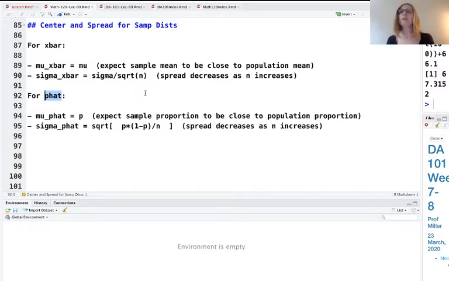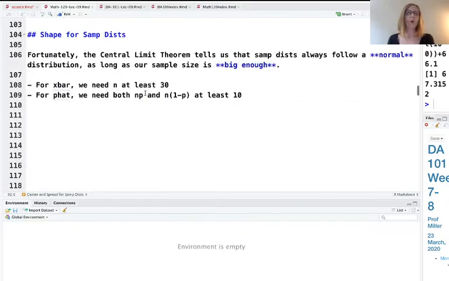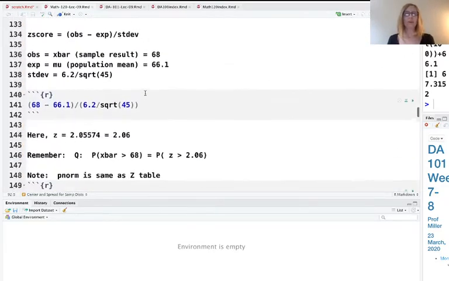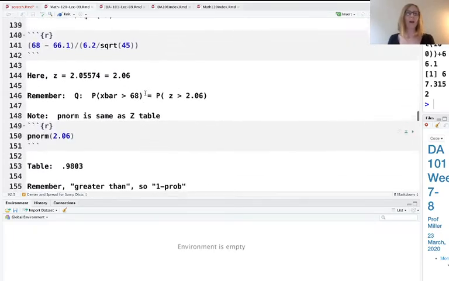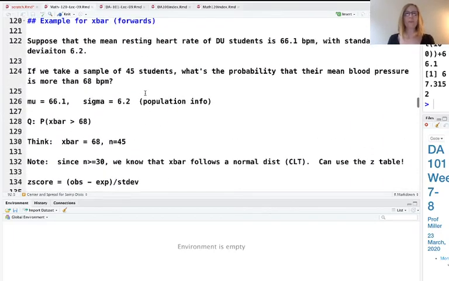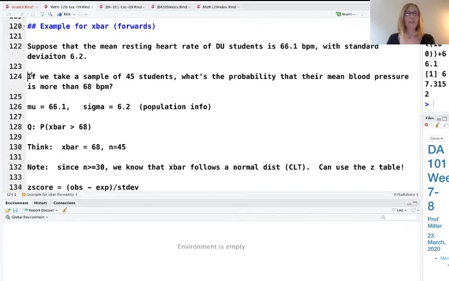So let's take a look at an example. One thing I really want to emphasize with these questions is that they all involve a probability for a sample result. Here, take a look at this problem that we solved yesterday. This one says we're taking a sample of 45 students.